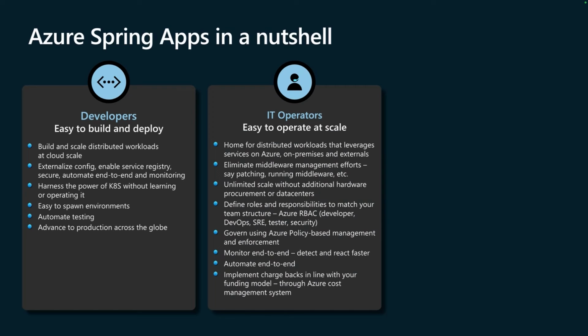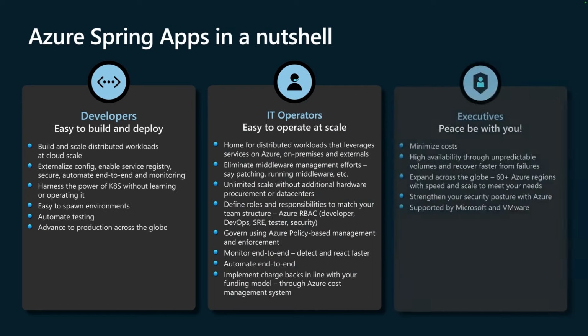You get unlimited scale, and you can assign roles and responsibilities to match your teams as they are operating and deploying Azure Spring Apps Enterprise. You can use your favorite policy management that is standard with Azure, and you can monitor and automate end-to-end. Azure Spring Apps Enterprise fits in with all of your other Azure investments as you would expect.